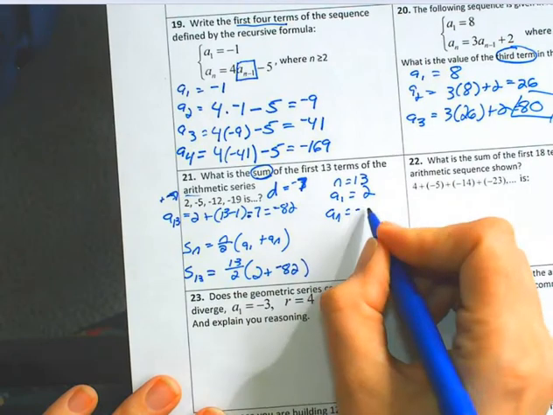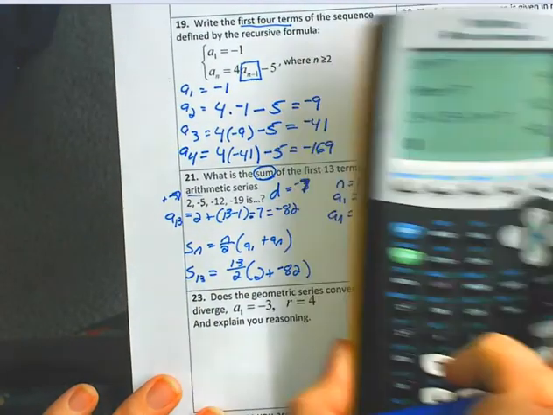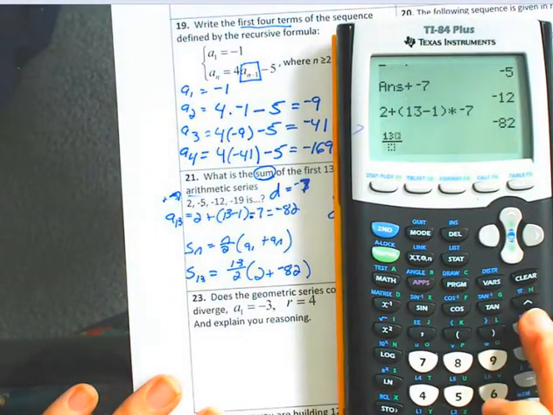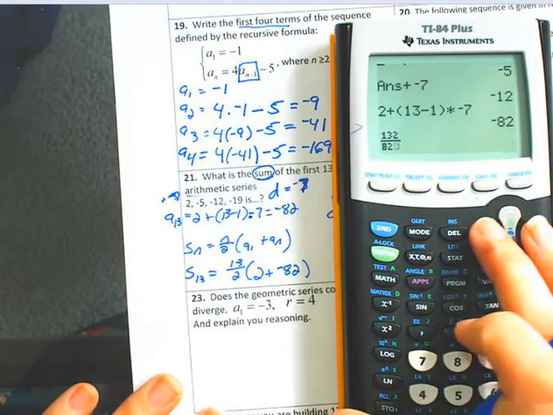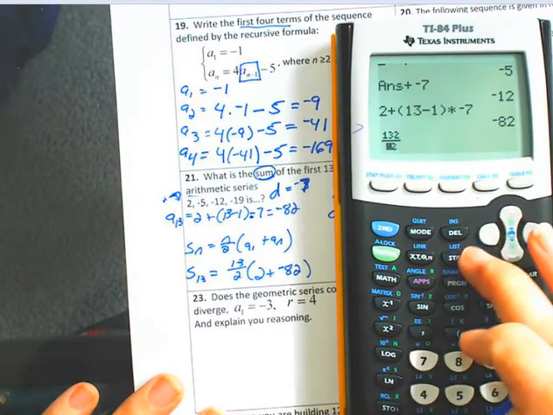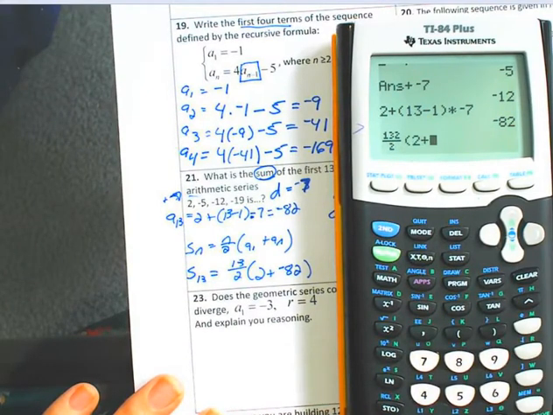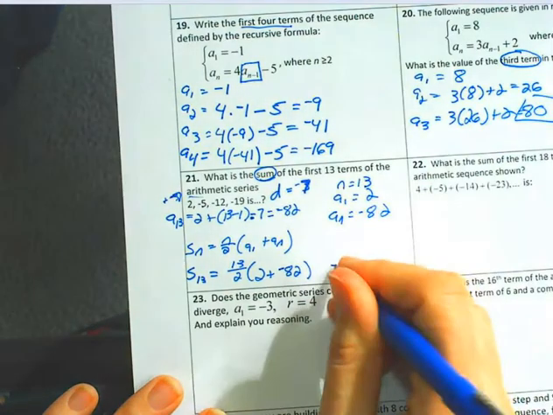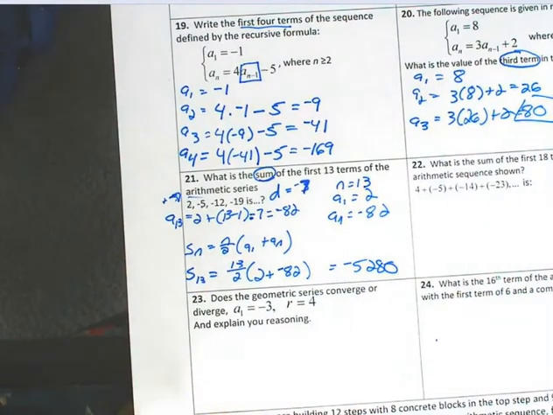So a sub n was negative 82. Now I can solve. S sub 13 equals 13 over 2 times 2 plus negative 82. So negative 520. It's the sum of the first 13 terms.